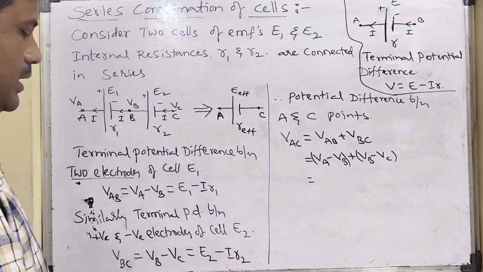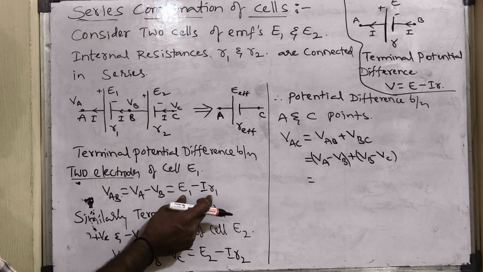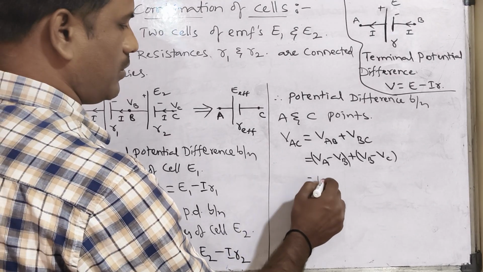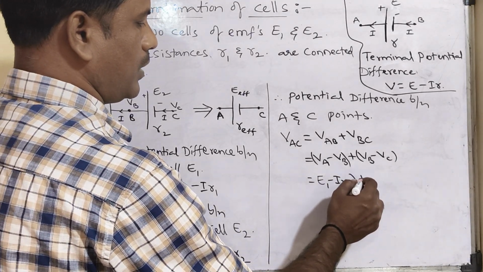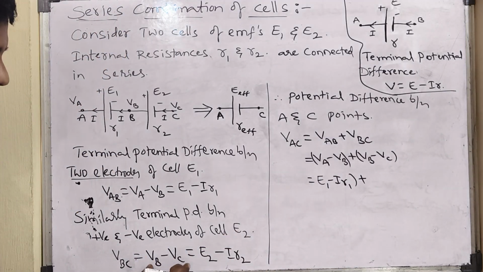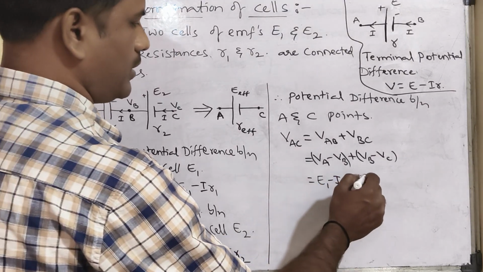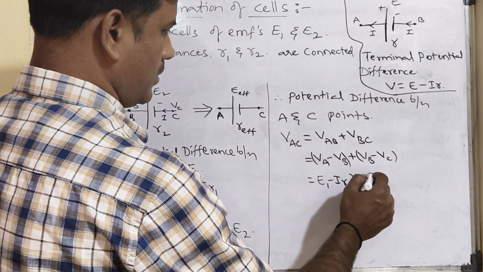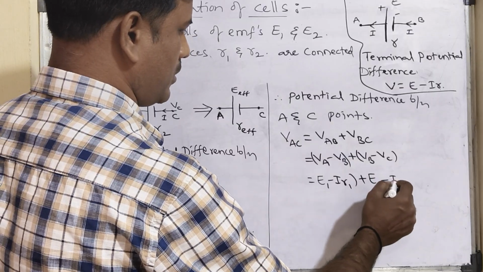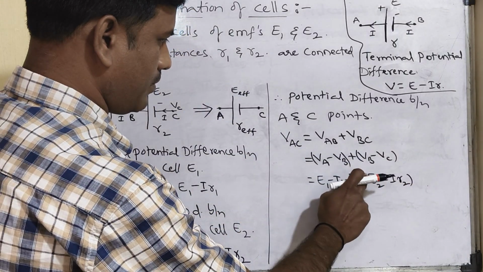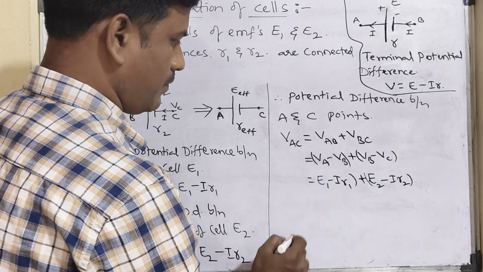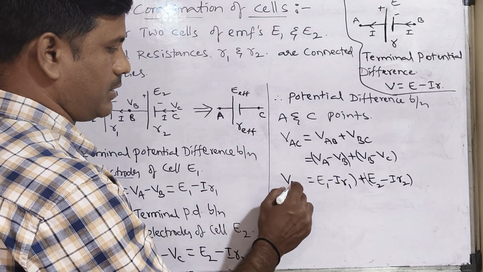VA minus VB has the value E1 minus I R1, and VB minus VC has the value E2 minus I R2. Right, that is VAC.